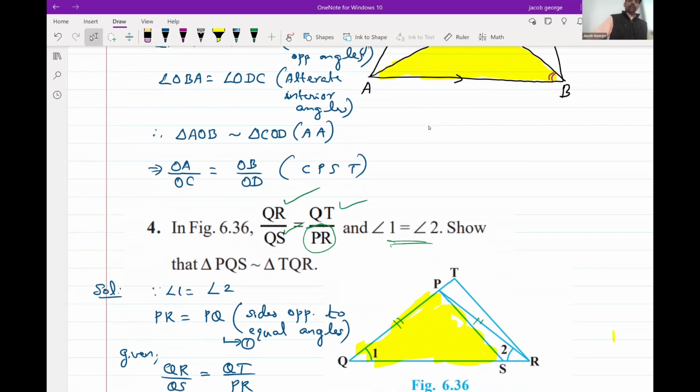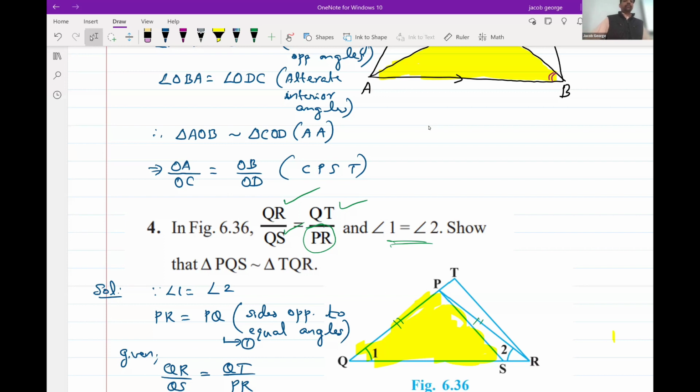In figure, QR by QS is equal to QT by PR, and angle 1 is equal to angle 2.